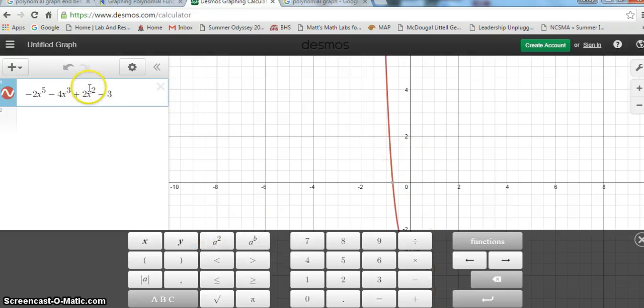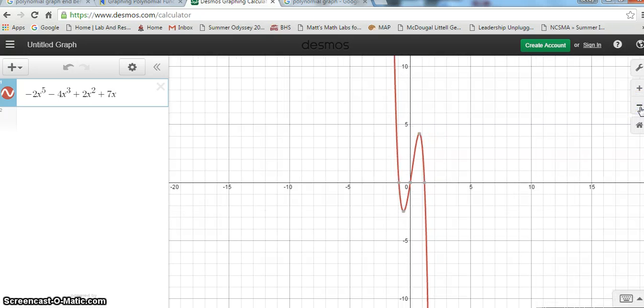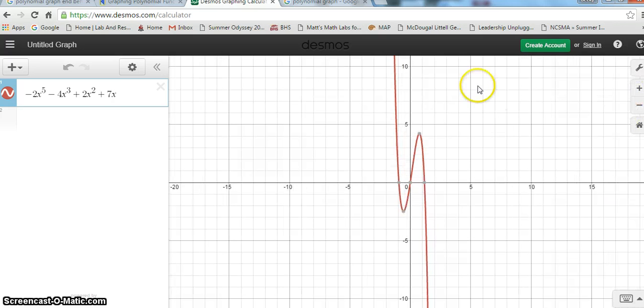All right, I don't like that as well. Let's go with, there we go. Make it pretty. I'm going to zoom out. And of course, I don't have arrows here, so I have to imagine them.